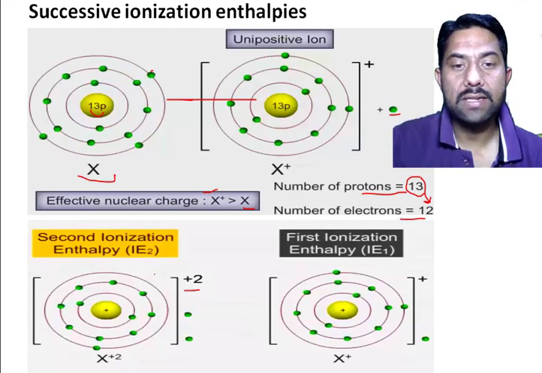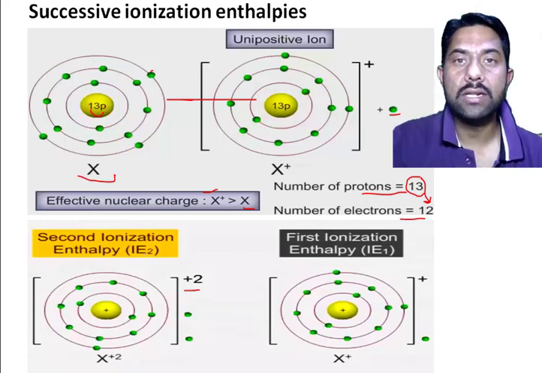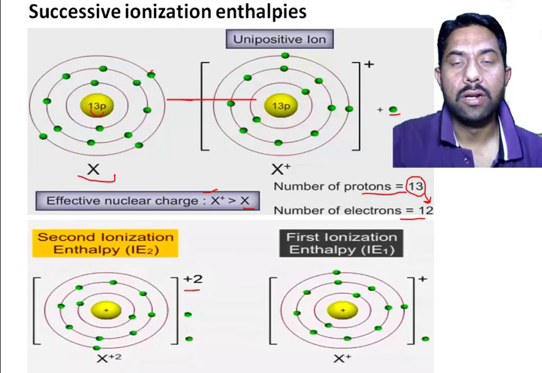Therefore we can say that as the electrons are removed one after another, the nuclear charge goes on increasing. Once the nuclear charge increases, it results in decreased atomic or ionic radii, or size decreases. This we have already discussed, that the size of the cation is always smaller than its parent. So the same thing takes place.